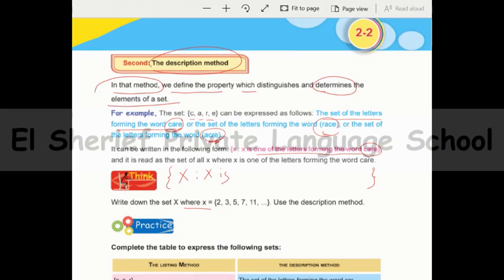Write down the set x where x equals 2 and 3 and 5 and 7. We know that 2 and 3 and 5 and 7 and 11 and so on.